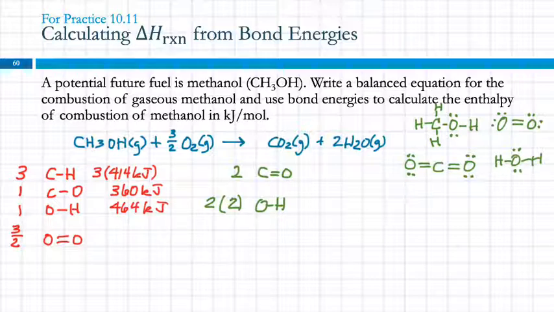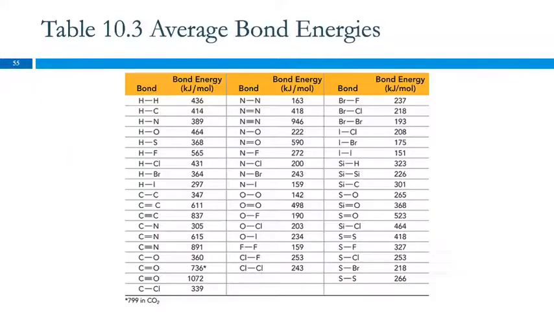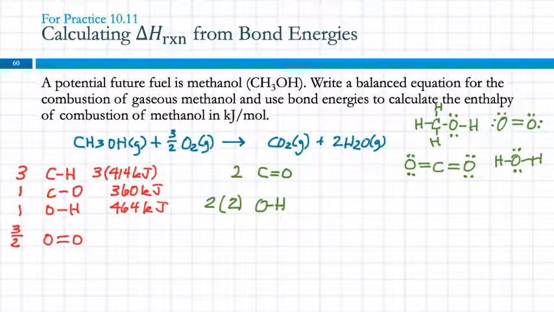Oh, that's the one I forgot. Forgot the oxygen. Oxygen double bond is 498 kilojoules for 1 mole, but I have 3 halves.